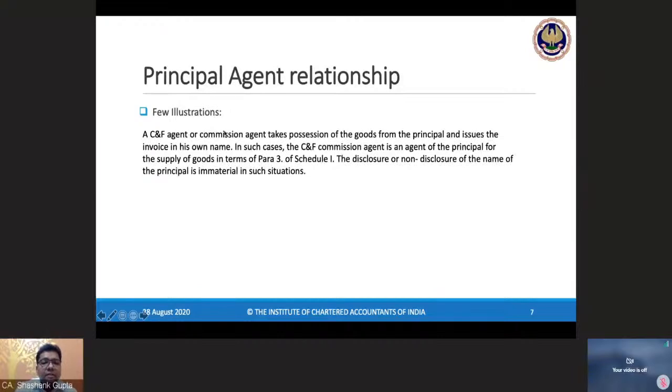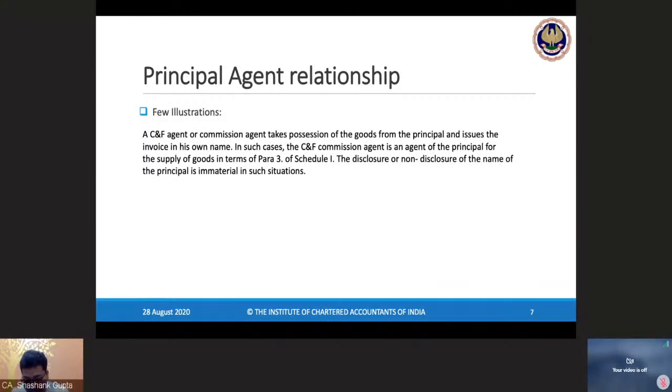Issues the invoice in his own name. कि भाई आप तो ये दिखा रहे हो सामने, you're showcasing this that you are the seller, but actually you are selling these goods on behalf of some other principal. Here, this line is important. The disclosure or non-disclosure of the name of the principal is immaterial in such situations.